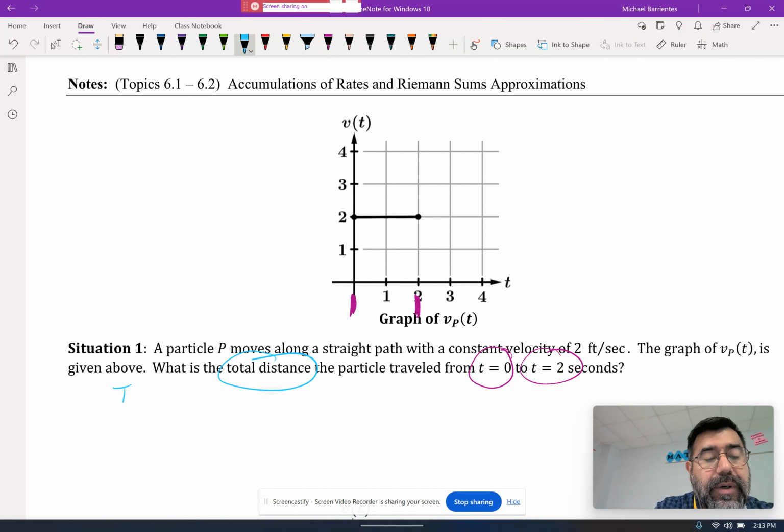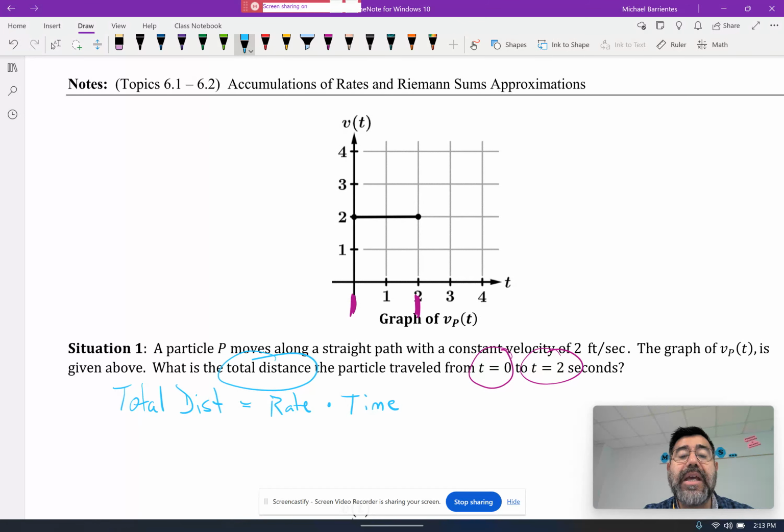Well, I'm looking for the total distance. And I remember from my previous math classes or science classes that when I'm looking for distance, I'm always multiplying rate times time. So I'm multiplying how fast is something going times how long was it going for.